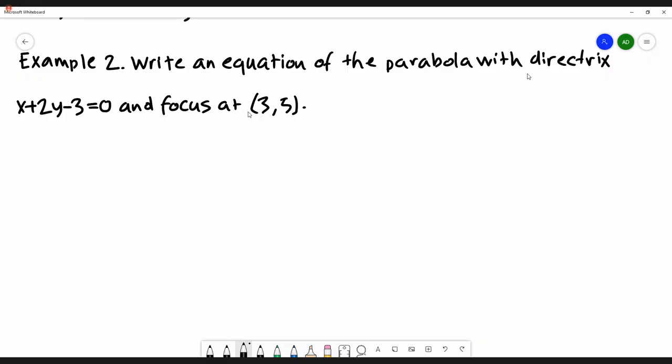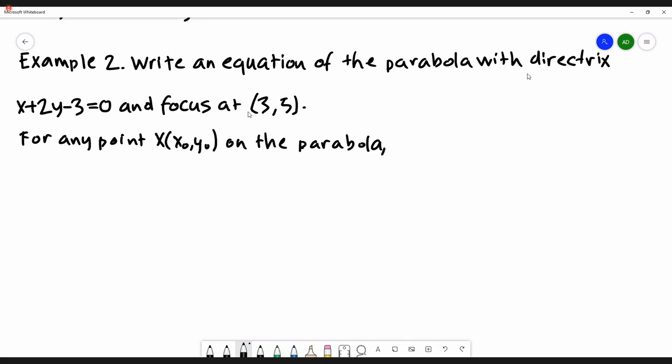So we start by writing the distance of an arbitrary point (x0, y0) on the parabola. In fact, this holds for any point; it need not be on the parabola.